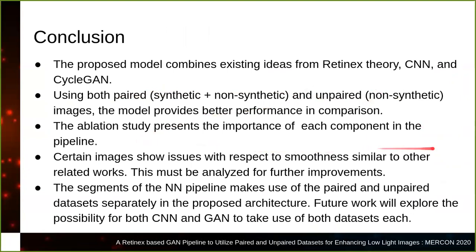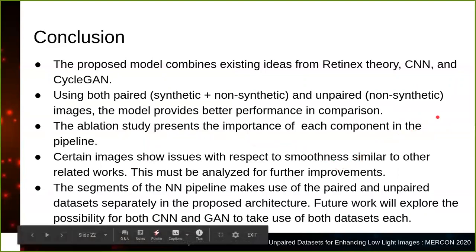Then we have some images showing issues, and we try to discuss these things. We have also found a neural network that uses paired and unpaired datasets, but on two parts of the neural network, not everywhere. One part uses paired and the other part uses unpaired. So we hope to build a neural network where both the decomposition and enhancement use both of these types.